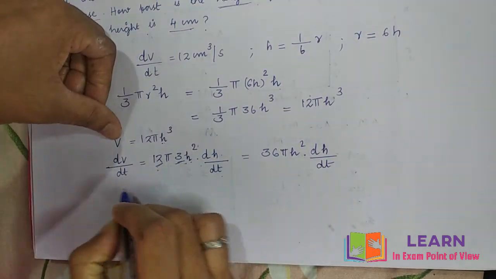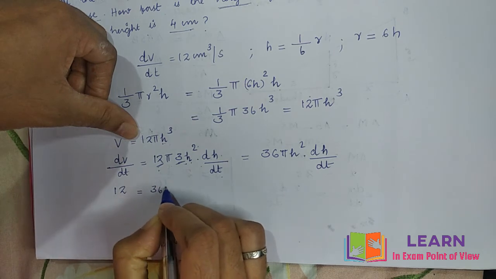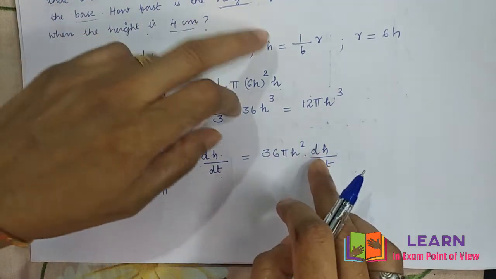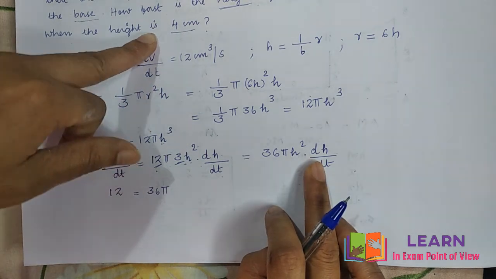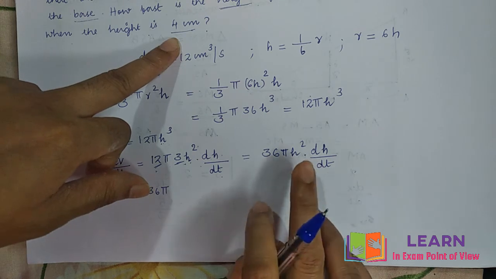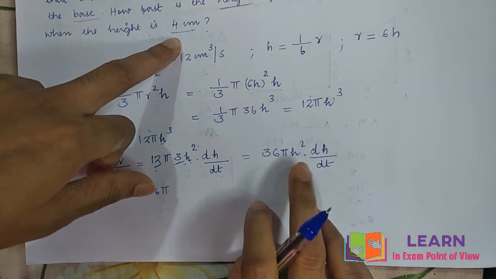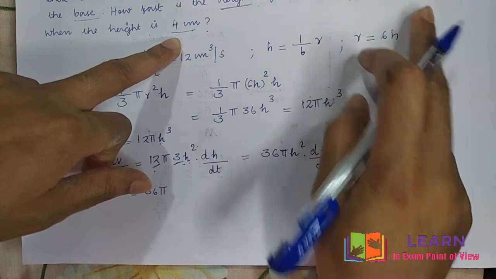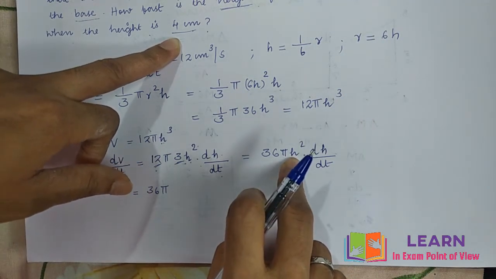Substituting that here, 12 equals 36 pi times h square, and h is what? Here we need the rate of increase when the height is 4 centimeter. So at 4 centimeter, h is 4.